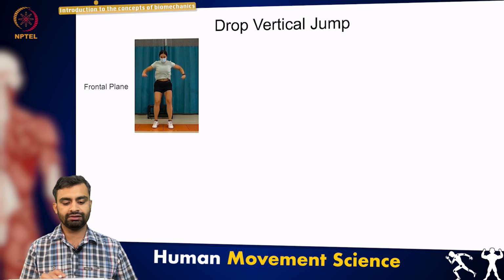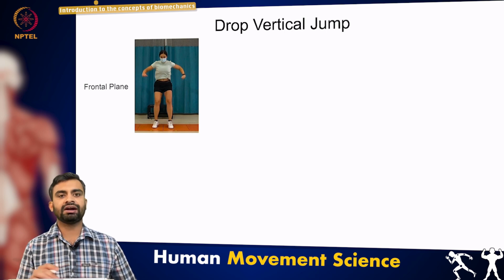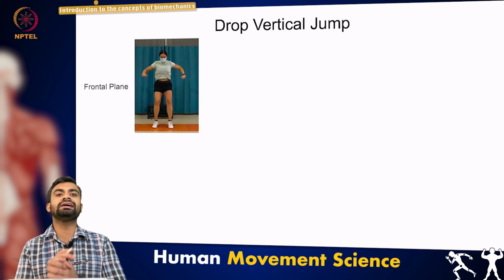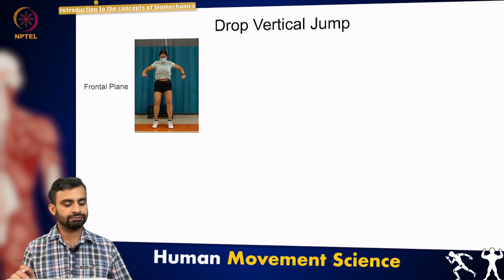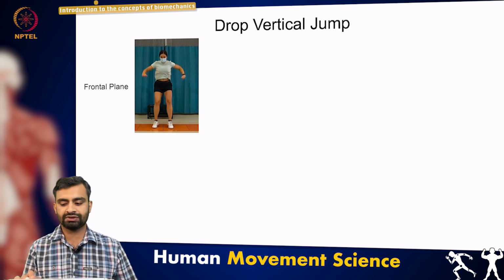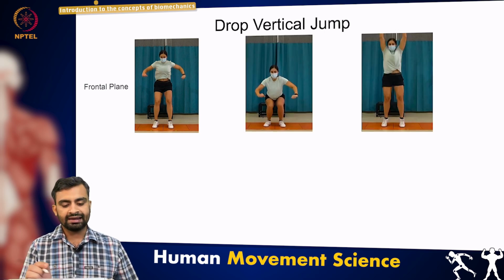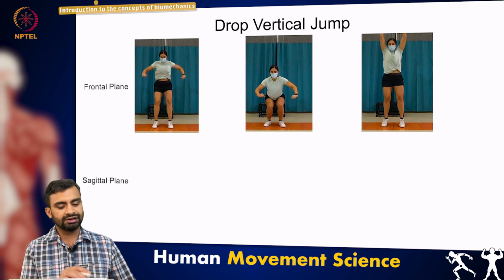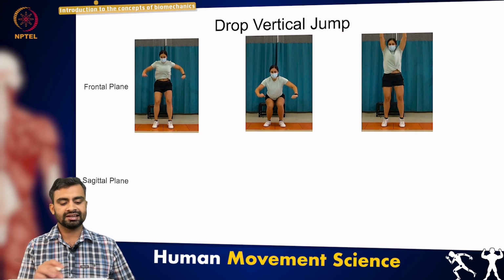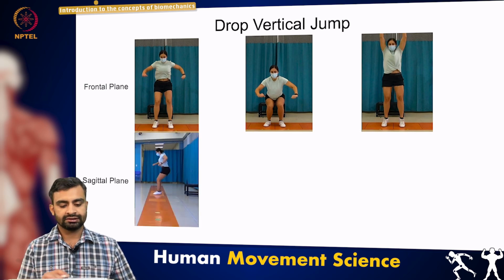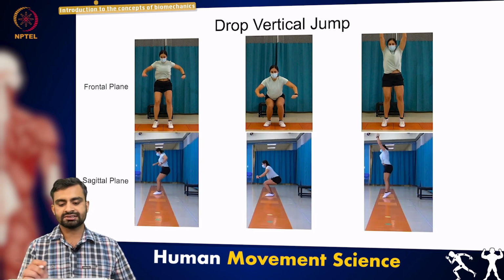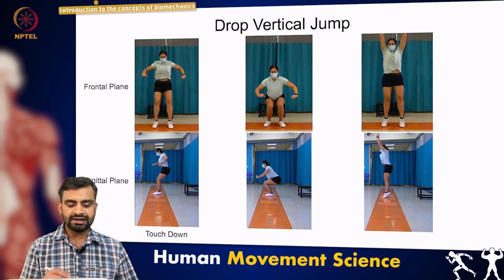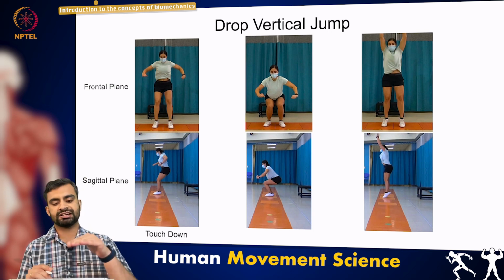In the frontal plane, we can see the different time points or critical points which are required from a performance or injury prevention point of view, like when the athlete touches the ground. Similarly, we can look at those in the sagittal plane, like all three movements. The first one is the touchdown, when the athlete first touches the ground.